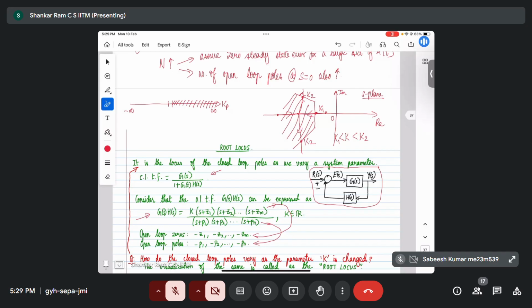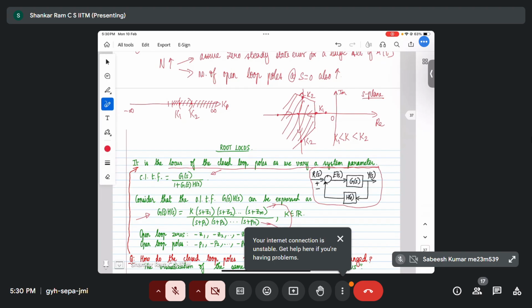But from this root locus analysis, if you and I are able to say, look, if I vary my K between K1 and K2, I can ensure both stability and performance, and that is the advantage we get from root locus. That is, we are able to get a graphical representation of the trace or the locus of the closed loop poles as a system parameter is varying. That's why it's called root locus.